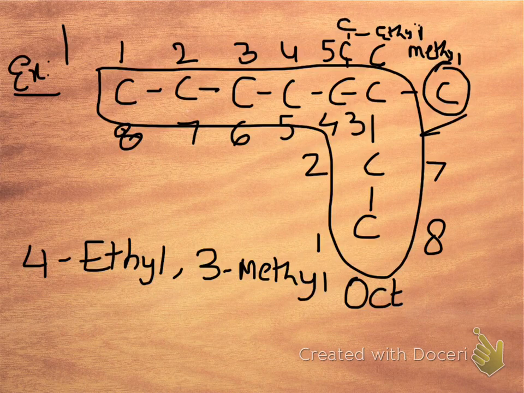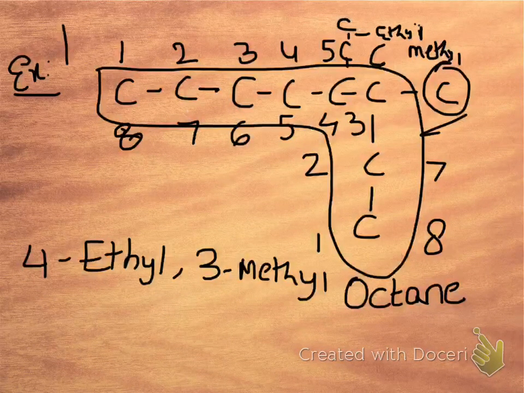As we learned in organic chemistry, alkane, alkene and alkyne: when there is a single bond, n; double bond, ene; triple bond, yne. Here there are 8, so octane. So the compound name is 4-ethyl, 3-methyl octane.